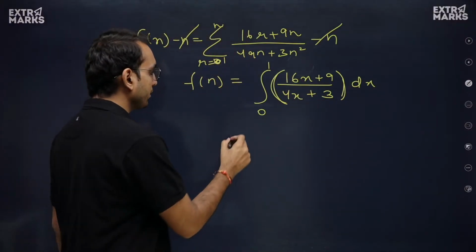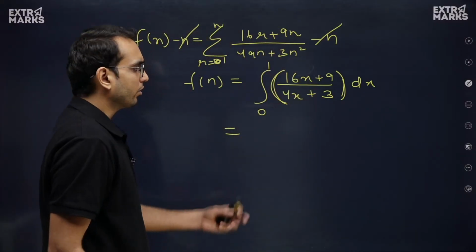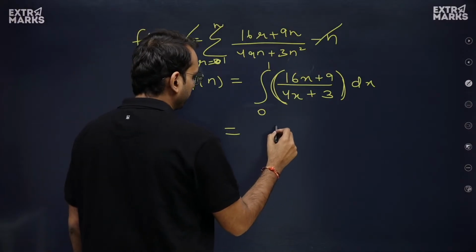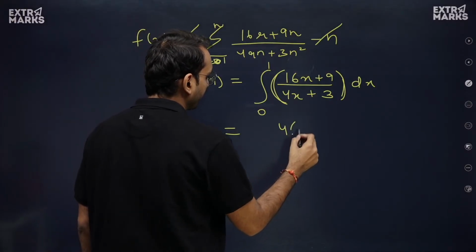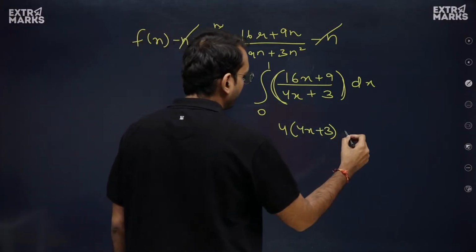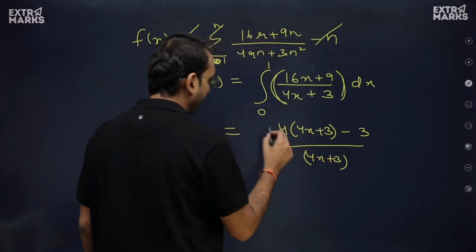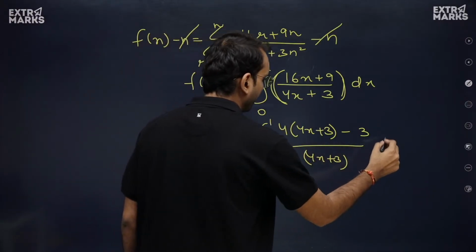So the only thing is we have to just integrate this, and this integrand is very lovely because we can easily solve this. So we can do 4 into 4x plus 3, so 16x plus 12 minus 3 upon 4x plus 3, integration from 0 to 1 dx.